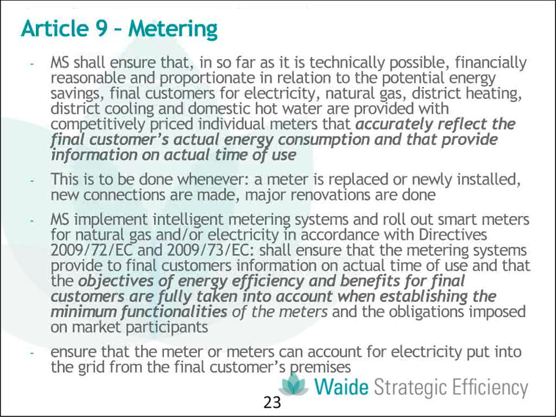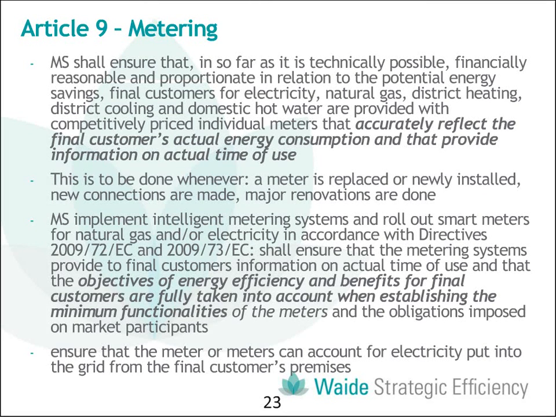Coming on to the provisions for metering, member states essentially have to ensure that meters accurately reflect the final customer's actual energy consumption and provide information on actual time of use. Furthermore, those member states implementing intelligent metering systems and rolling out smart meters for gas and electricity need to ensure that the objectives of energy efficiency and benefits for final customers are taken fully into account when establishing the minimum functionalities of the meters.